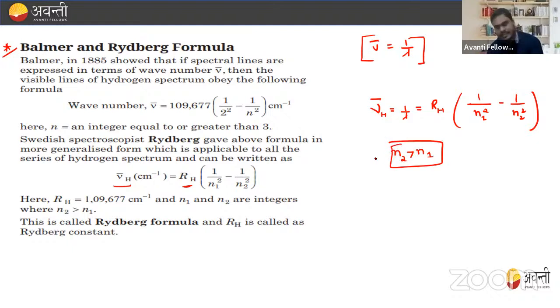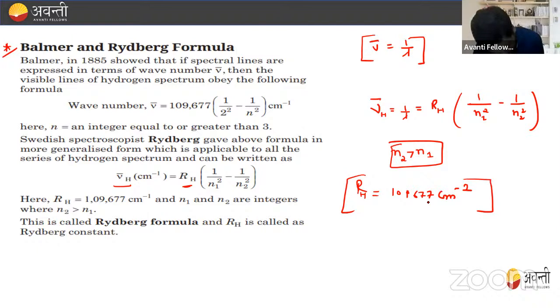If n1 is 1, then n2 may be 2, 3, 4 or 5. If n1 is 2, then n2 may be 3, 4, 5, anything. So this is how we can calculate. Also remember the Rydberg constant RH is equal to 109,677 centimeter inverse. This is the unit of the Rydberg constant RH. So remember this as well. I hope this is clear to you.